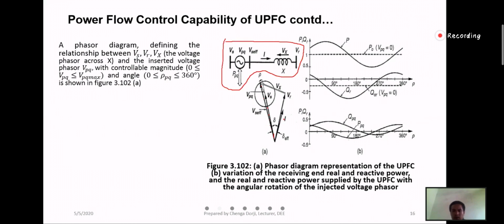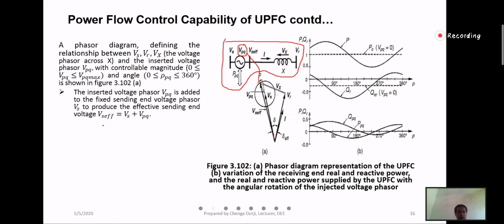Vs and VR previously, without this, would be this much only. Now when you are injecting a voltage VPQ, your resultant effective voltage will become this. Therefore the delta will also change. So this is the voltage phasor diagram given here. As explained before, the inserted voltage phasor VPQ is added to the fixed sending end voltage phasor Vs to produce this.